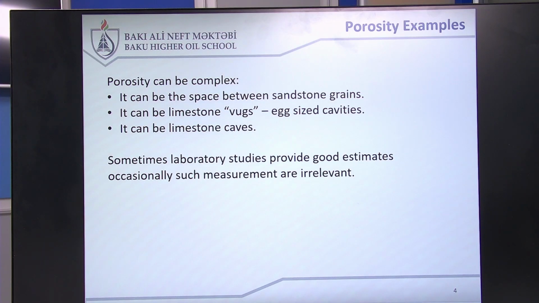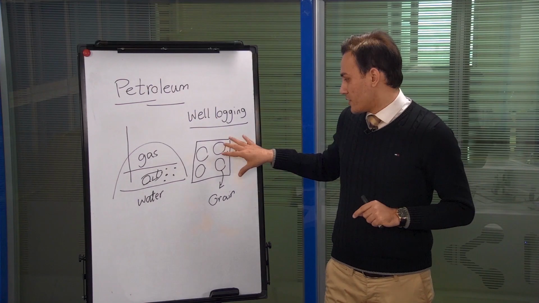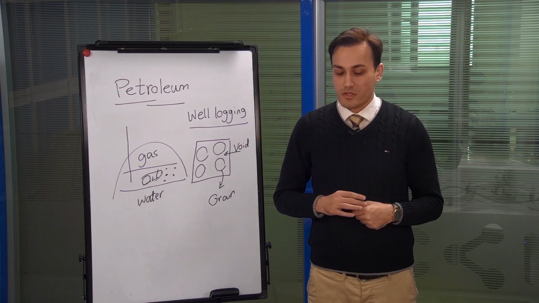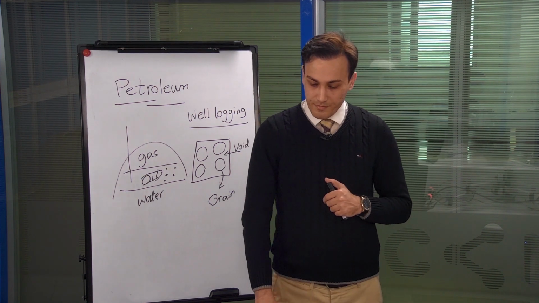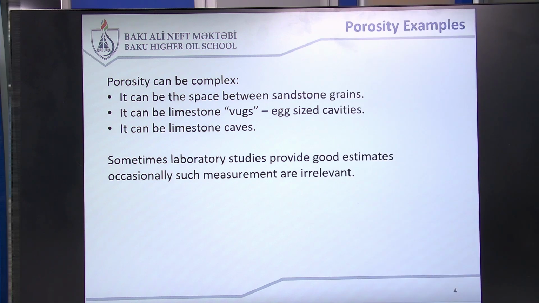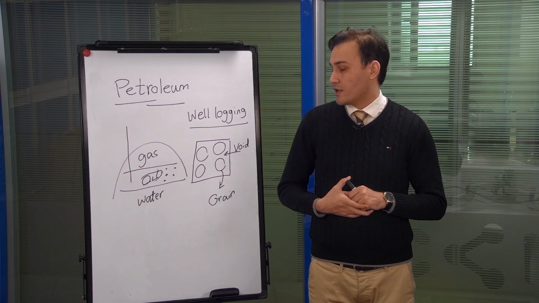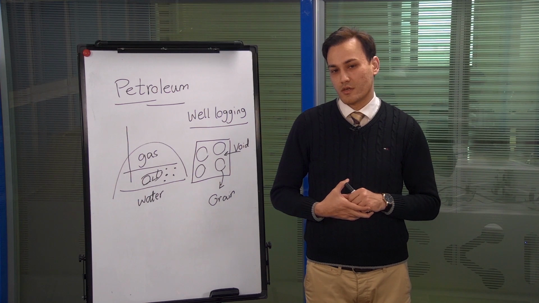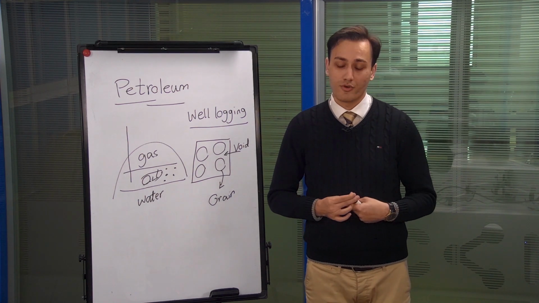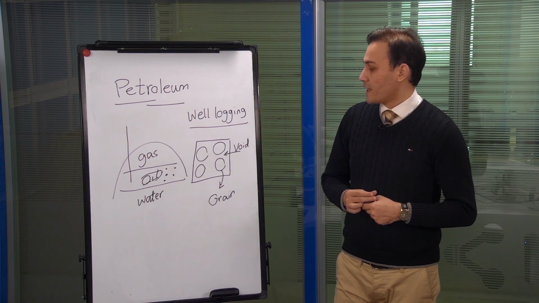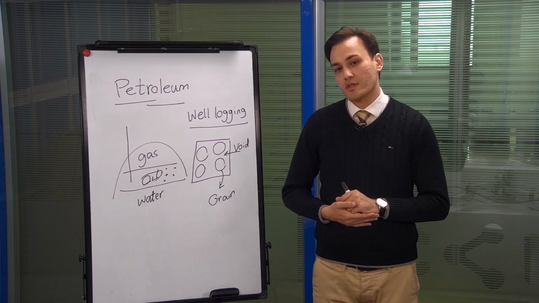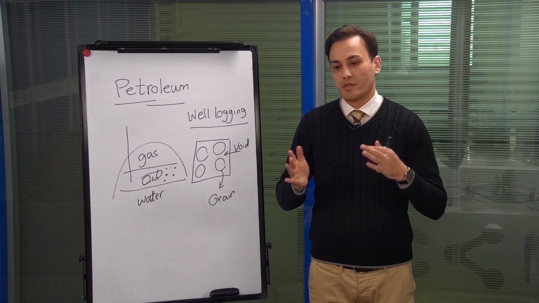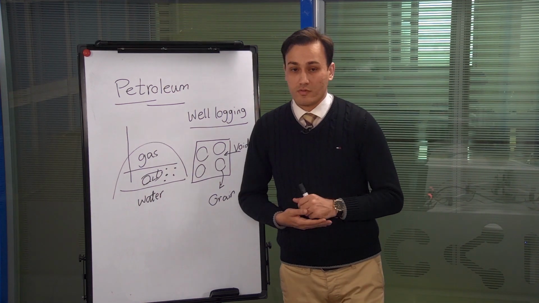It can be the vugs, which are narrower than this, and can also be considered part of the porosity. Generally, porosity, other than well logging, can be measured in core analysis, something called routine core analysis, RCAL, where we apply some conditions of pressure difference and then measure the porosity in the lab.